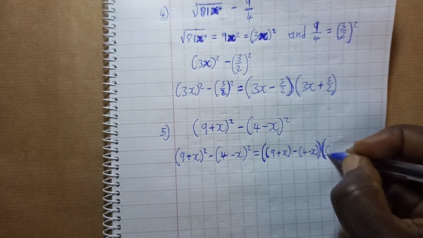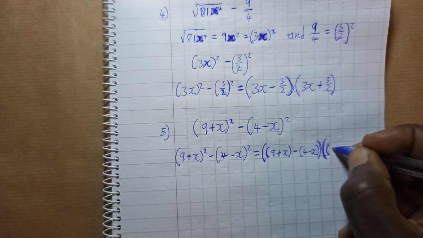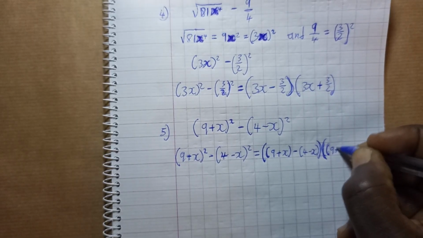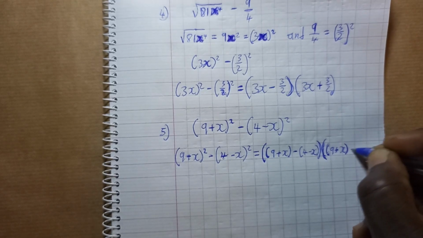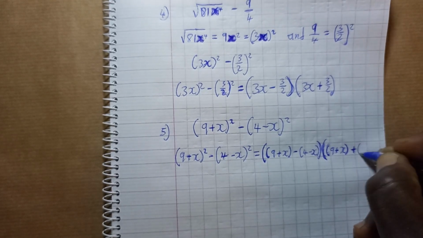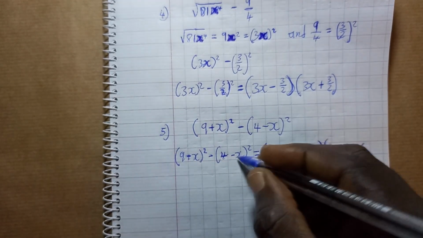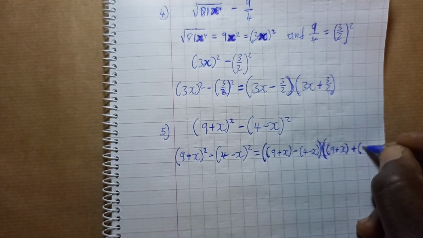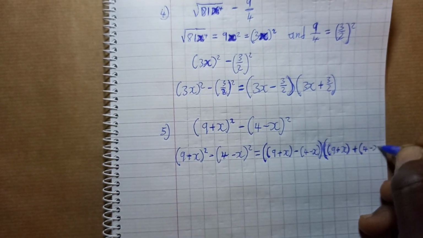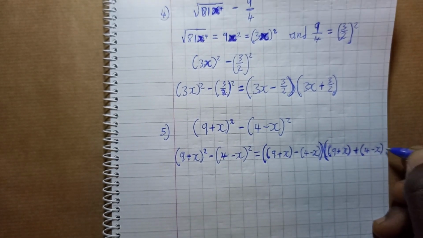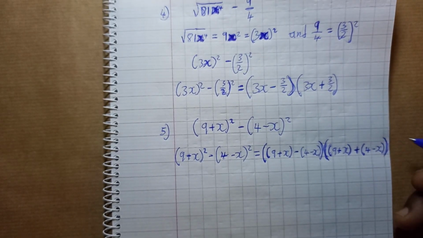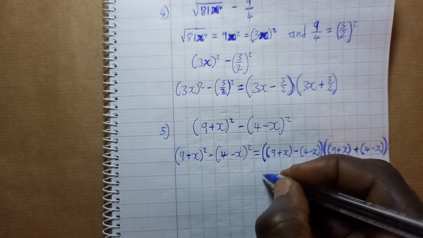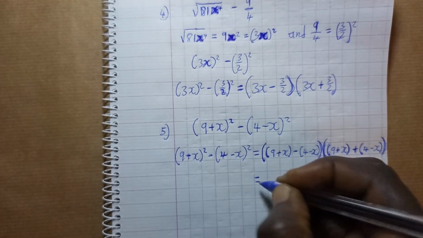So we have the smaller bracket inside, 9 plus x close the smaller bracket, this one will be plus, and then open the smaller bracket for this function 4 minus x, close the smaller bracket, and then close the larger bracket also. So now we are going to be simplifying.